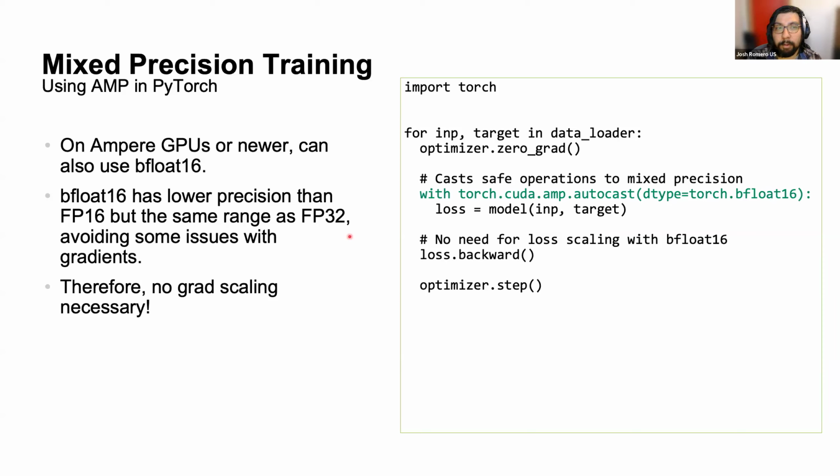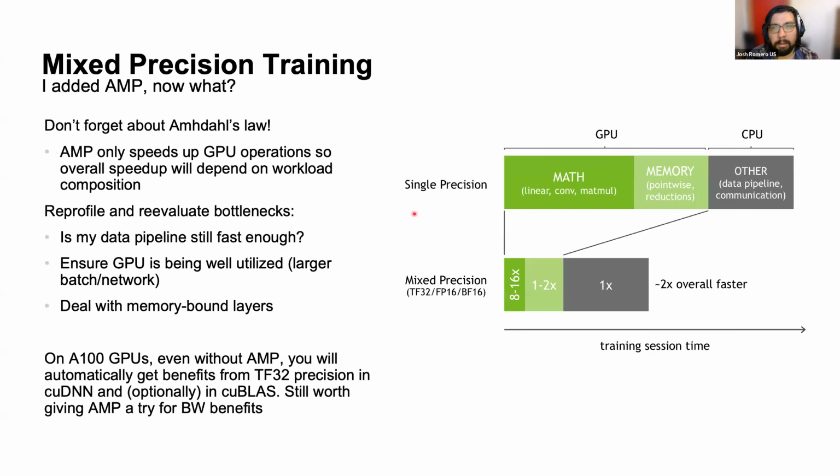So when you're running with BFloat16, which is what a lot of LLMs have historically used, you don't even need grad scaling. In this case, the example is literally just a one-line torch CUDA AMP autocast.